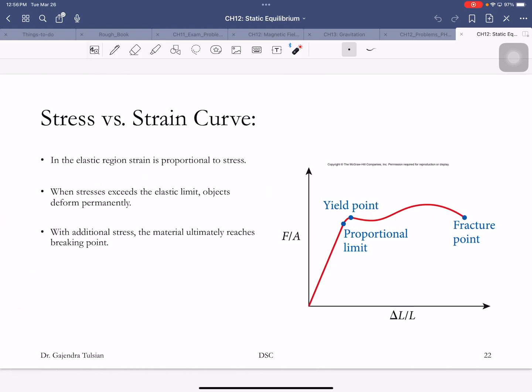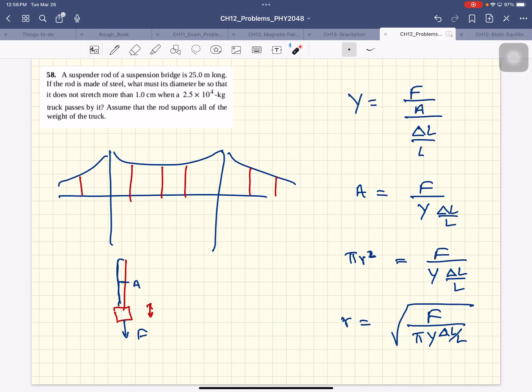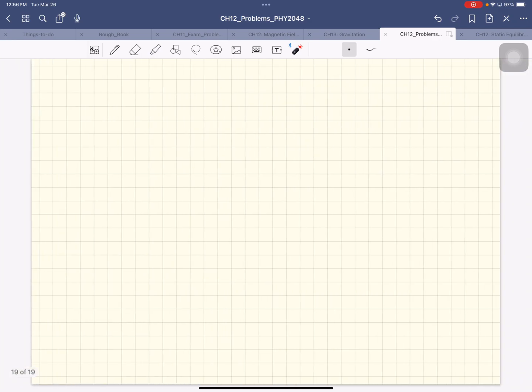Yes, so what you want to do is you want to be in the linear limit. You want it to behave elastically forever and ever. Okay? So that's what decided on the 1 centimeter. All right, so now let's figure out the radius of the cable.